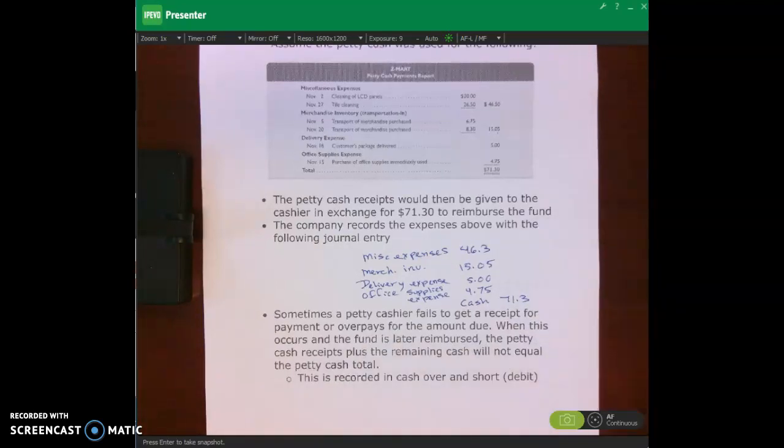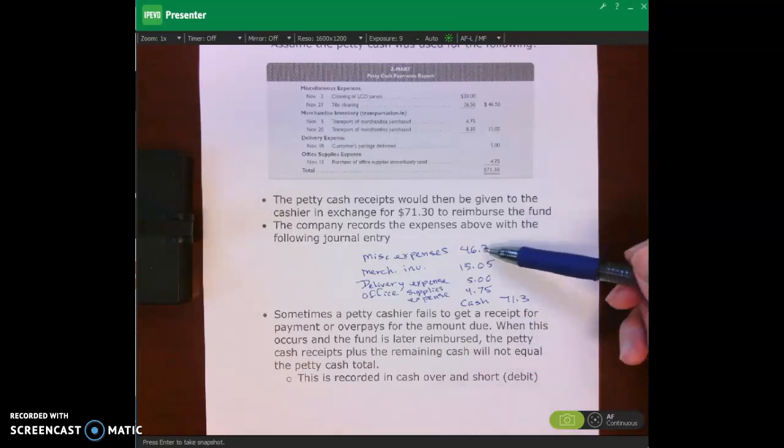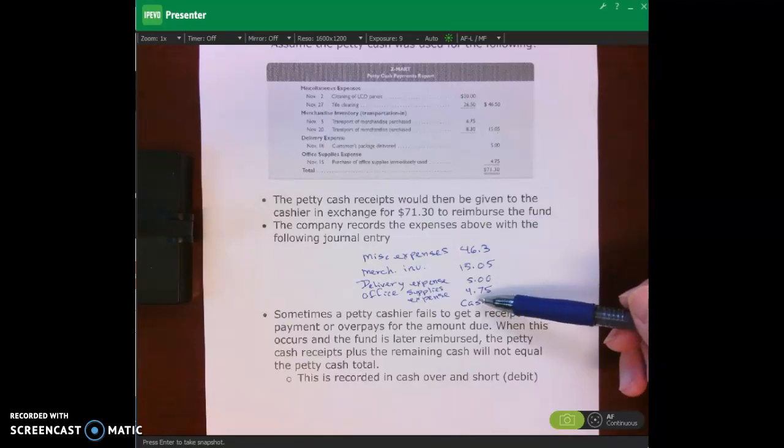Or an overpayment for the amount due. So when this occurs, the petty cash receipts plus the remaining cash will not equal how much is in our petty cash total. So what we would see in that situation, we add up all these receipts, we get $71.30.